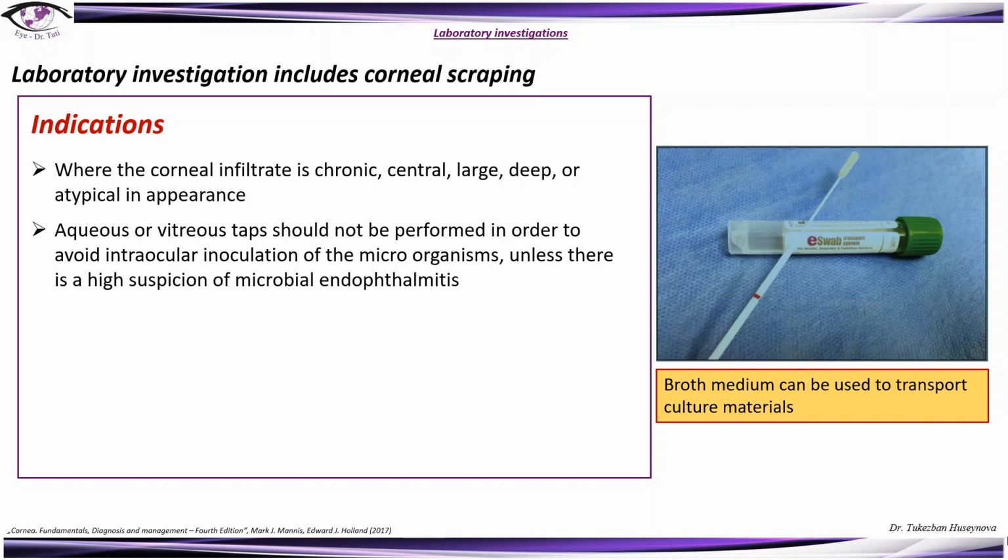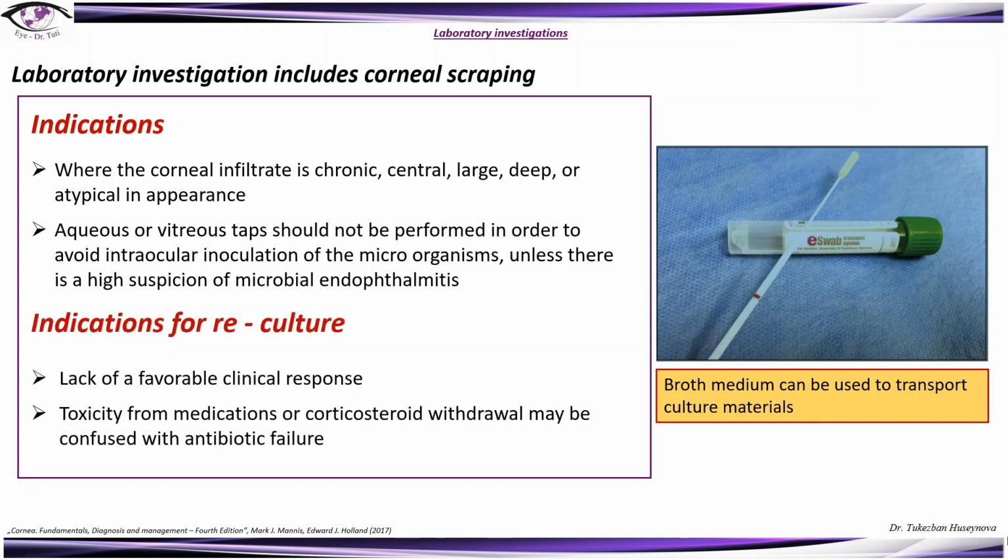Only in that case can you perform aqueous or vitreous taps for laboratory analysis. There are also indications for reculture in case of lack of a favorable clinical response or toxicity from medications, or corticosteroid withdrawal, which may also be confused with antibiotic failure.